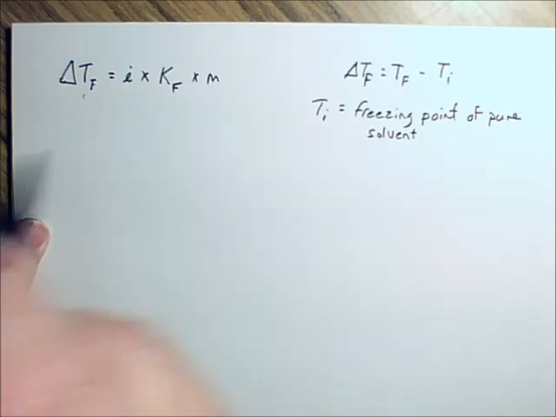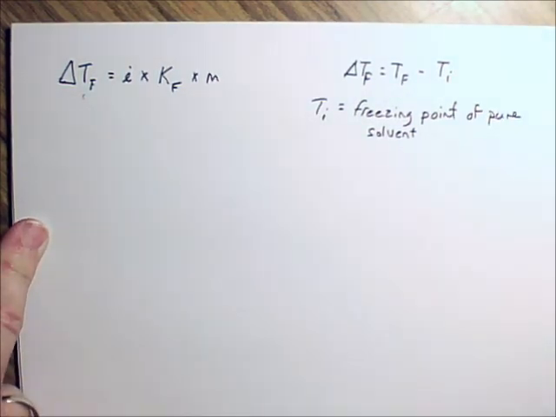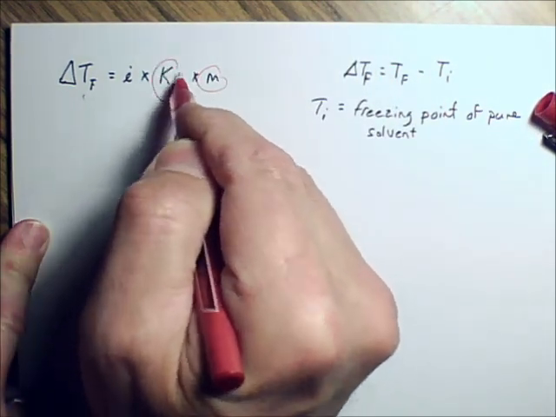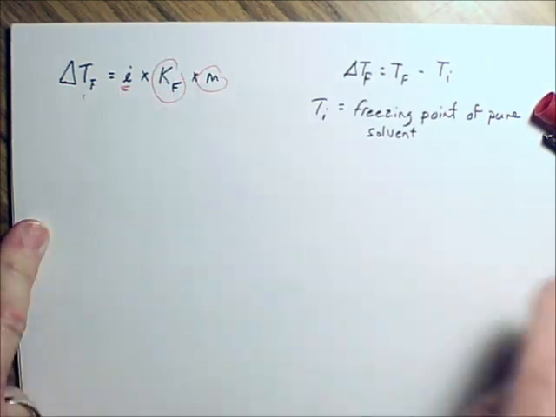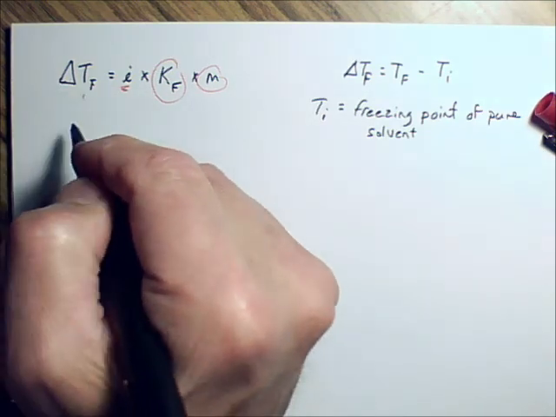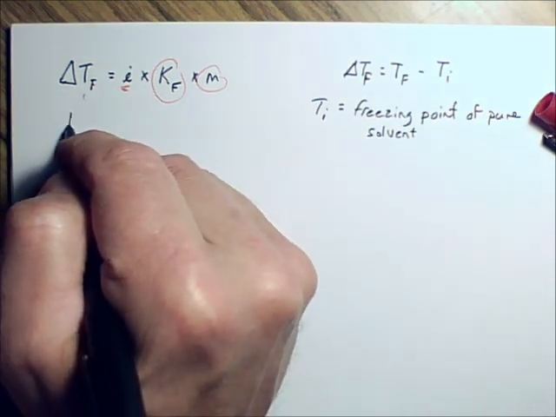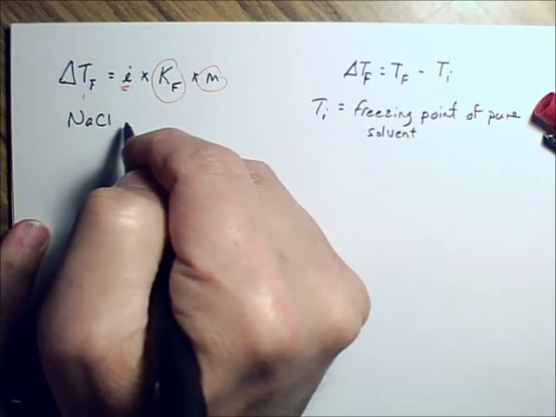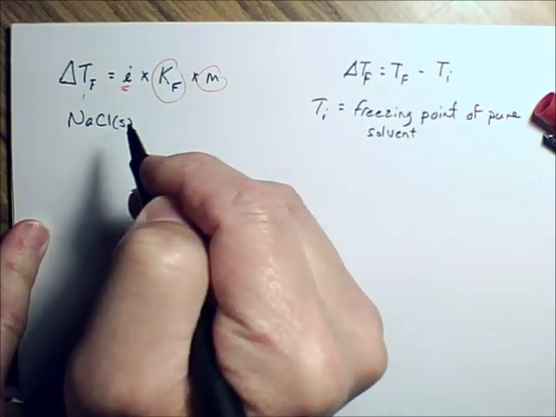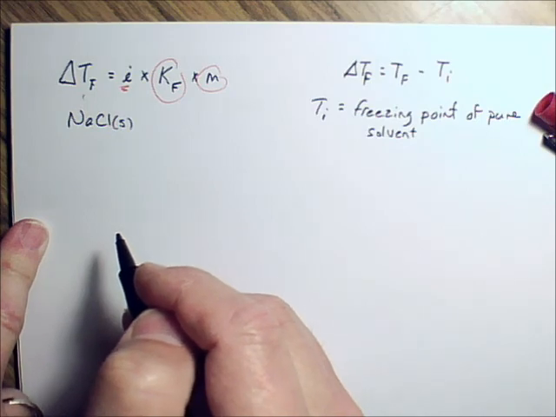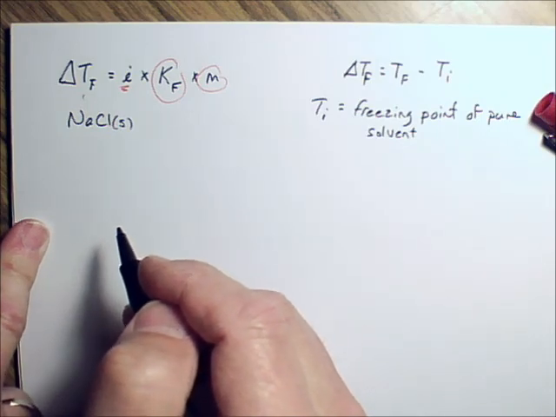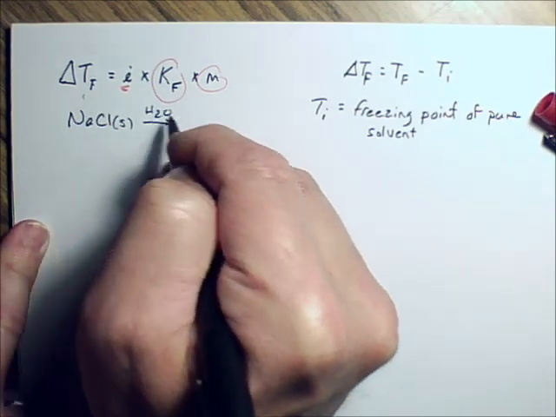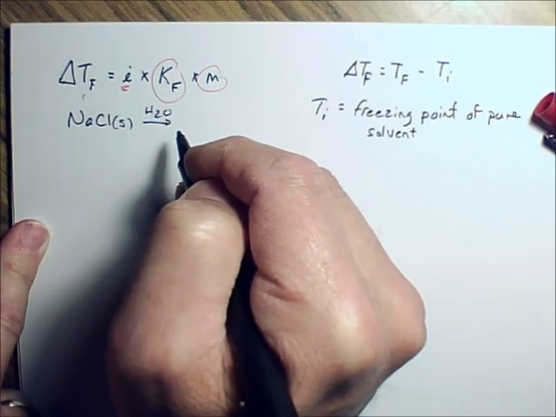So, in the problem, I gave you this number here, and yesterday we learned to figure out this number. Our solute is NaCl, and if you take solid NaCl, which is table salt, the white crystal stuff you shake on your steaks and vegetables, and you put it in water, it dissolves.